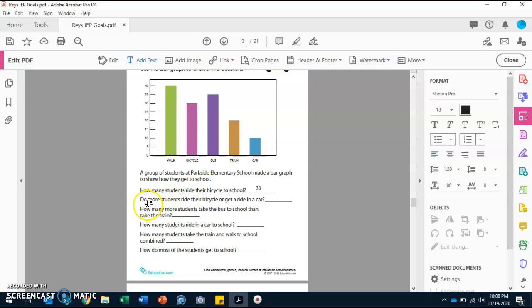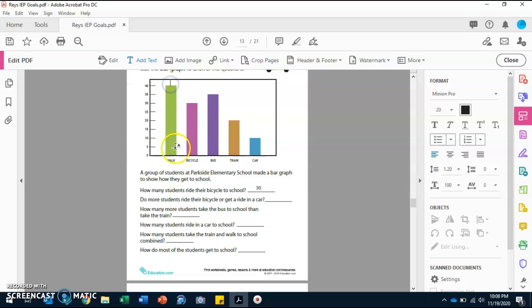So now for the next one, it says, do more students ride their bicycle or get a ride in a car? So now they want you to compare. What do the students do more? Which one has more? So here, let's write on the top how many, let's start with each one.